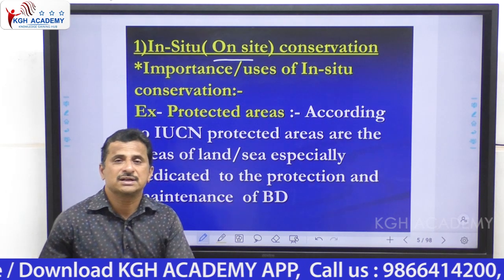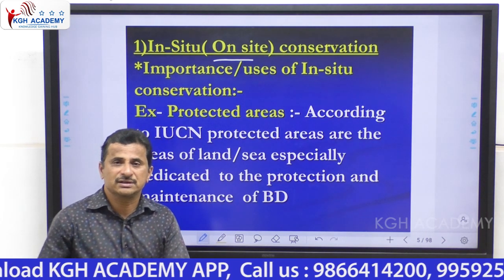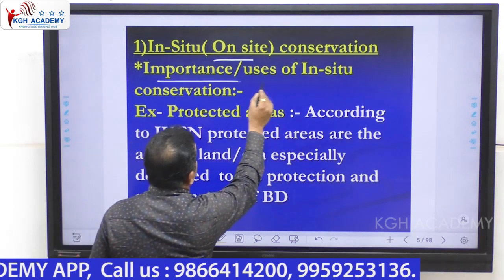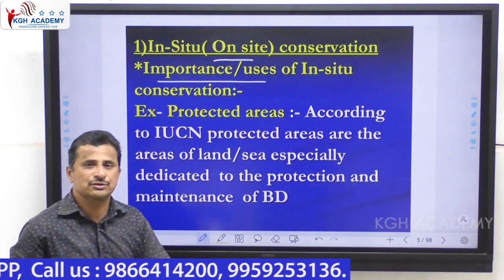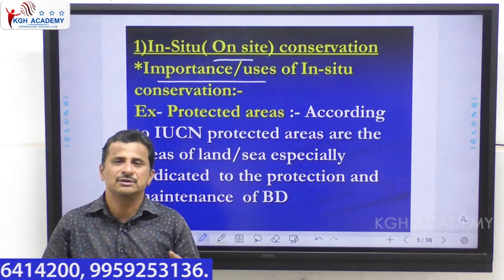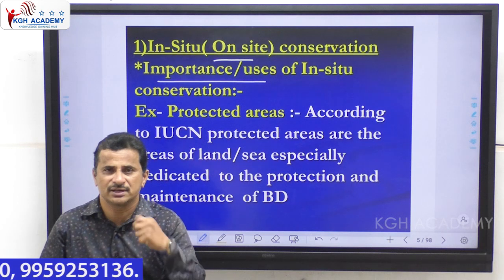Compared to ex situ conservation, in situ conservation has more advantages, so here I am highlighting the importance and uses of in situ conservation. In case in situ conservation is not possible, the next option is ex situ conservation.